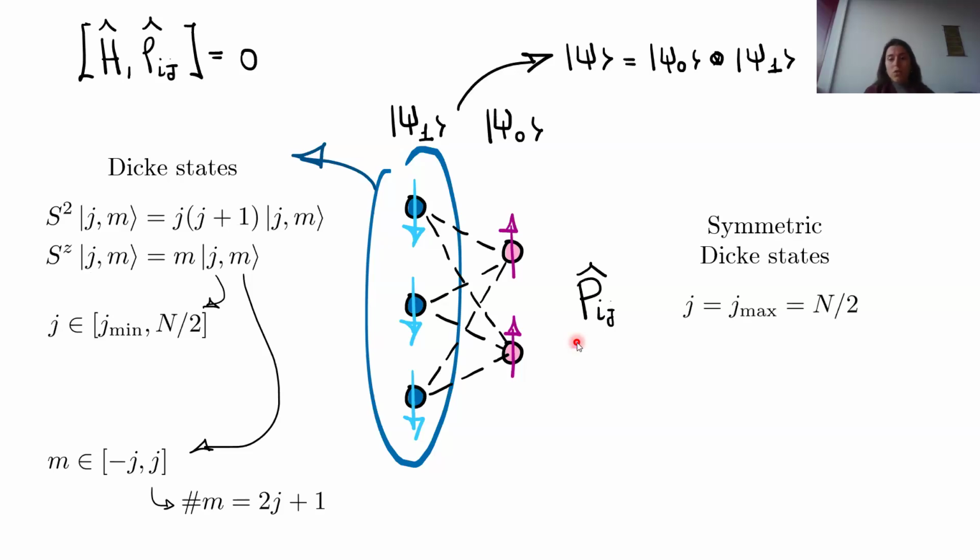What is interesting and useful is that when we are in a permutationally invariant case, we can actually reduce ourselves to studying only the subspace with j equal to j maximum. So in this case, the number of states that we have to consider drastically decreases, and the system will scale eventually as n to the power of 2 rather than 2 to the power of n.